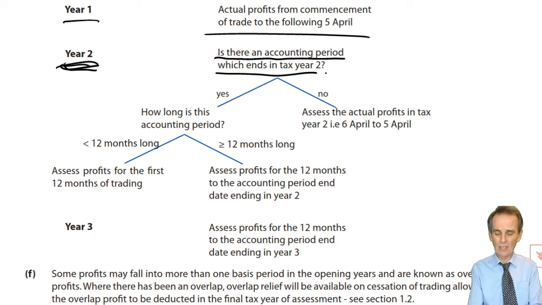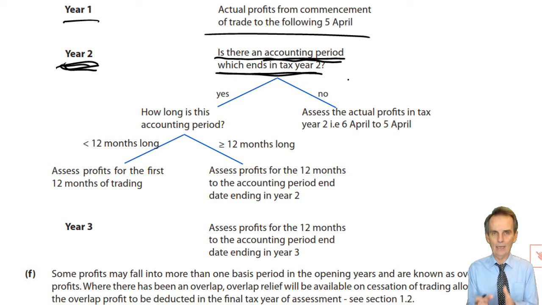So we look to see, do we have any accounting period at all that ends in the second tax year? Now, as we've said, if it were an accounting year ended in that second tax year, it would be current year basis you use. So if you have an accounting period that ends in the second tax year, but it isn't a year, it must be one of two things.